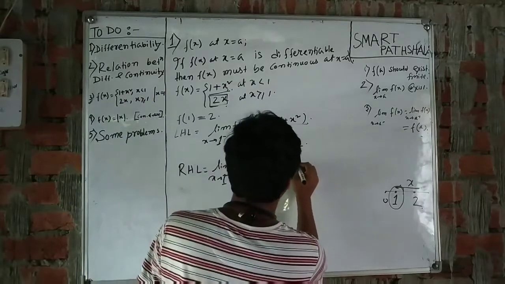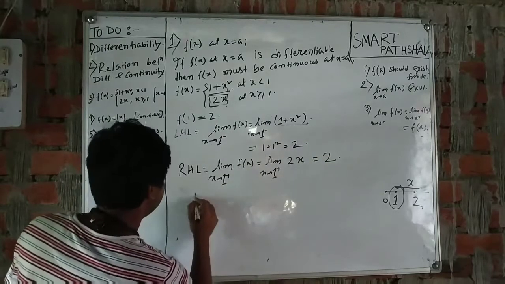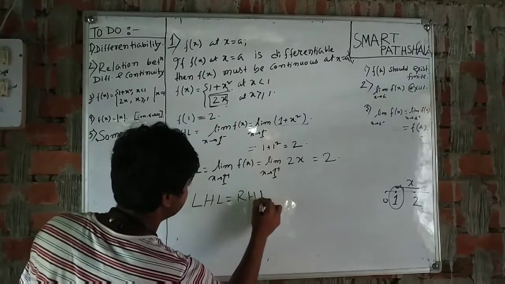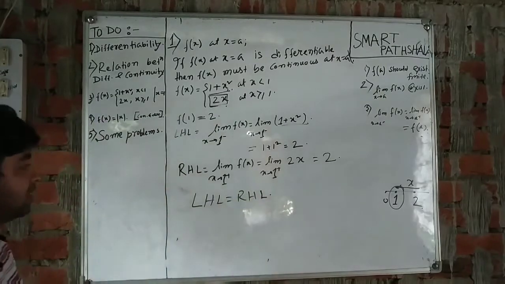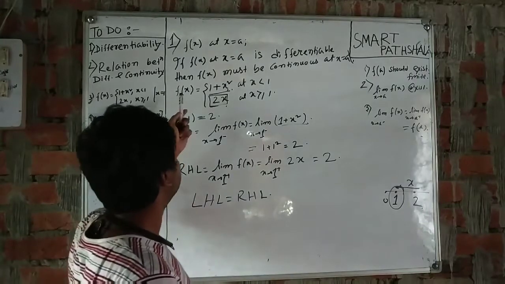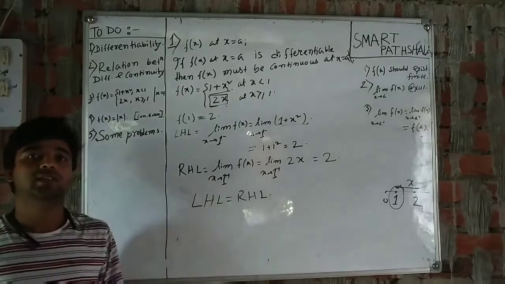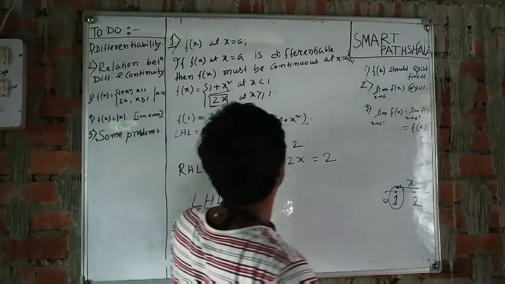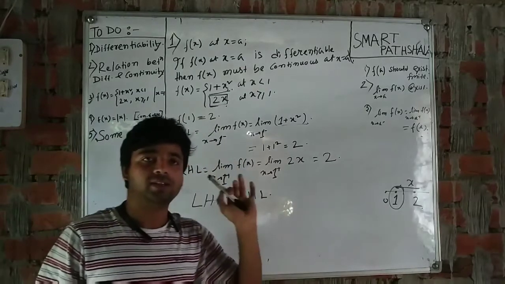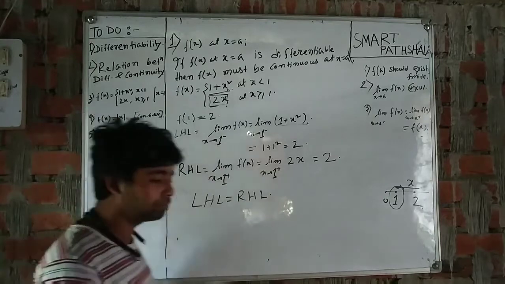So here 2x will be put and we will get the result as 2. Similarly, you can see the left hand limit will be equal to the right hand limit. Hence, it is proved that if a function f of x is differentiable at x is equal to 1, then this function is obviously continuous at x is equal to 1. And if you are taking an arbitrary function, then you can take any point x is equal to a.